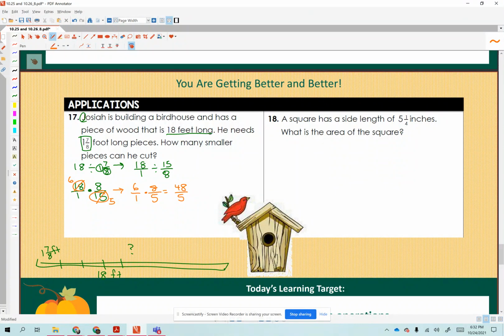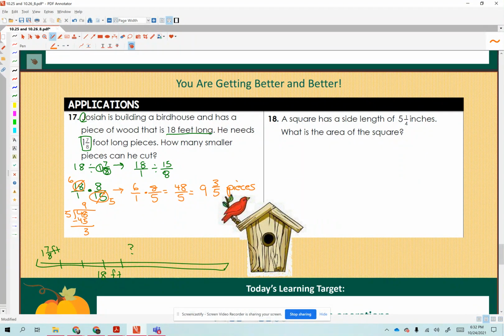So let's divide 48 by 5 so we can convert to a mixed number. And I know that 5 times 9 is 45 with 3/5 left over. So I can get 9 3/5 pieces.